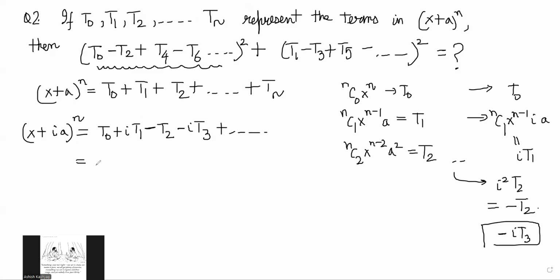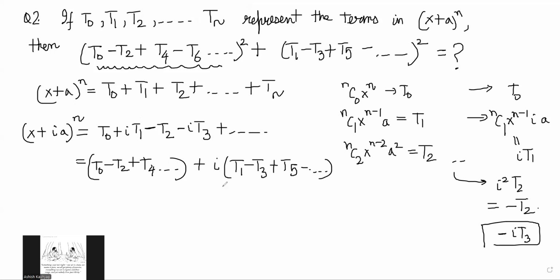So this can be collected like this. This can become (t0 - t2 + t4 and so on) in one bracket, plus i times (t1 - t3 + t5 and so on), the second bracket, right? Now, we have found that (x + ia)^n is equal to this.